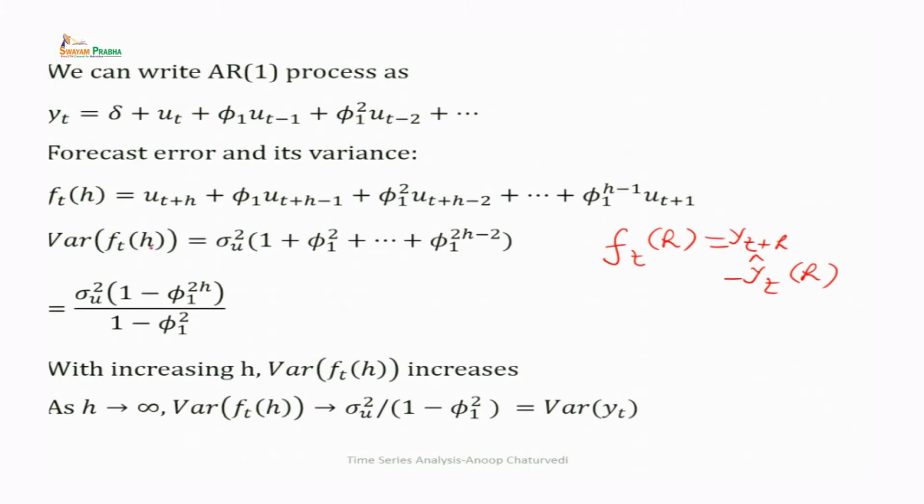And variance of f t h is equal to sigma square u times 1 plus phi 1 square plus phi 1 to the power 4 and so on, and the last term is phi 1 to the power 2 h minus 2. You can easily obtain the variance of f t h just like the variance of a moving average process.